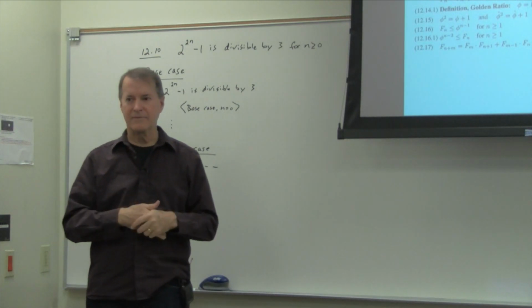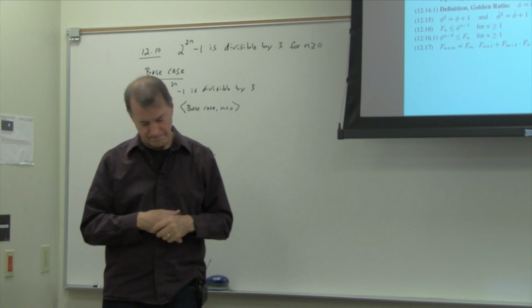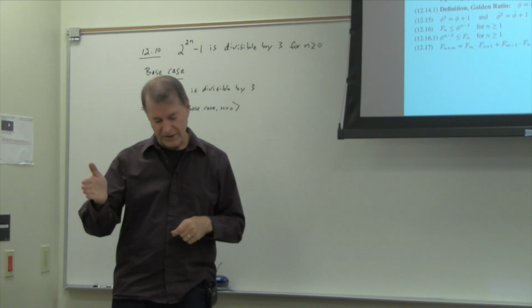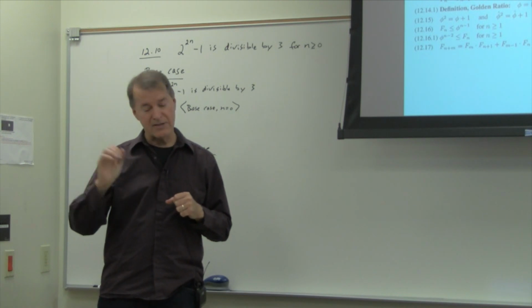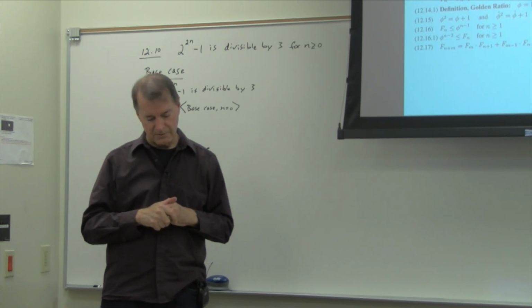Wait. 2 to the 2n minus 1 is divisible by 3, and how do we know that? Inductive hypothesis. Yeah, we know that because of the inductive hypothesis. Now, what else do we know? 6 to the 2n is not 3 times 2 to the 2n minus 1.